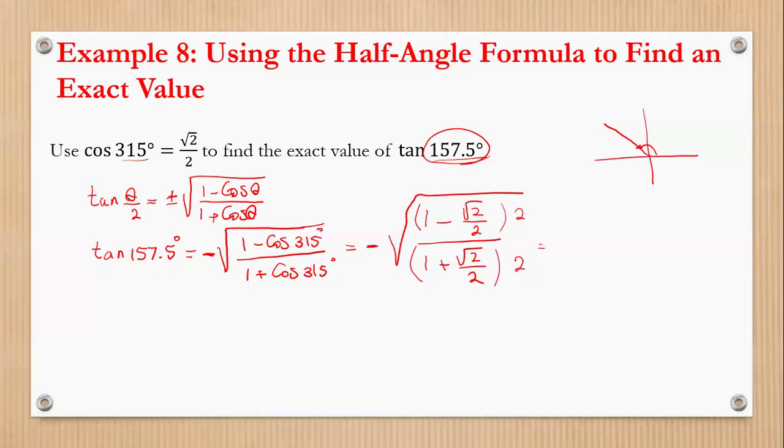If you multiply by 2, you need to distribute the 2. 2 times 1 is 2, but 2 times the fraction, the 2s cancel each other, and you only have root 2, and root 2 on the bottom as well. Right now, this is my final answer, but I see that I still have a radical in the denominator.